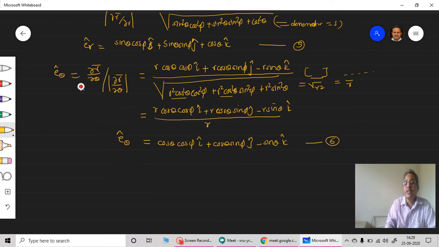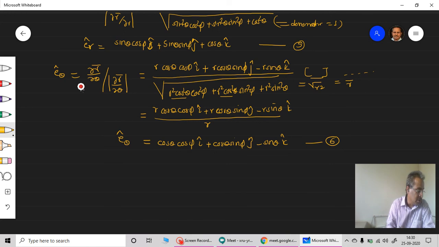That is my equation number 6, the second unit vector in the direction of increasing theta. Okay, so see the difference between equation 5 and equation 6. Equation 5 was sin theta cos phi I cap plus sin theta sin phi j cap plus cos theta k cap, whereas E theta cap is cos theta cos phi I cap plus cos theta sin phi j cap minus sin theta into k cap.